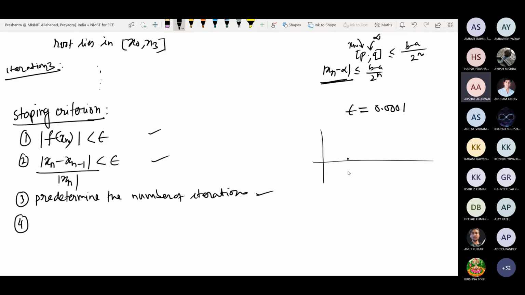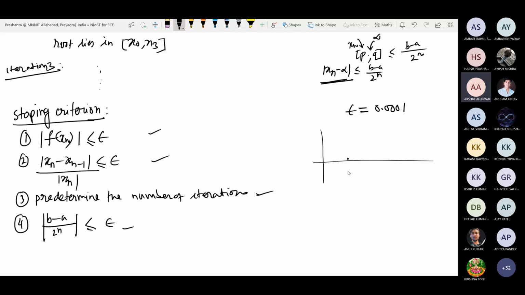Okay, so the last stopping criterion is that the length of the interval is less than the error tolerance epsilon. Less than or equal to also you can use, that doesn't matter. The last one is only for the bisection method. In other methods you do not know the length of the subinterval.